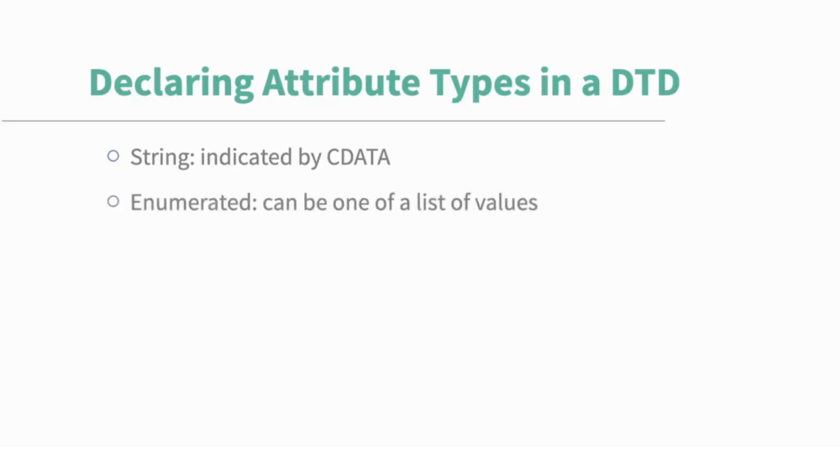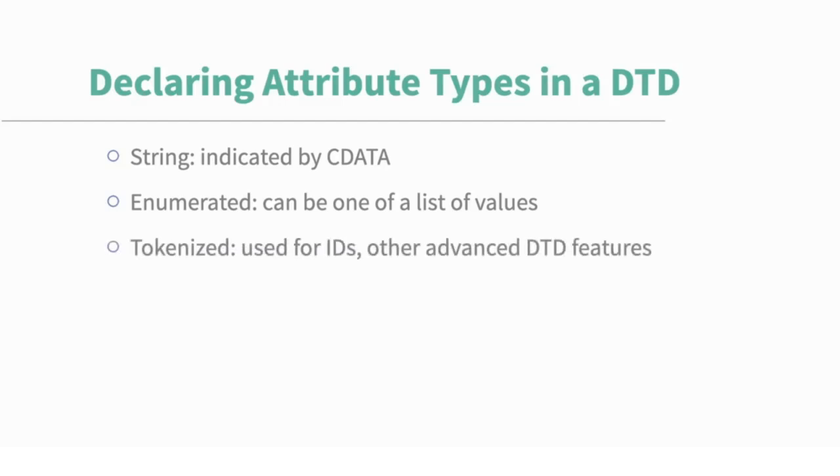The attribute type can be one of three types. There's the string type, which is indicated by the CDATA keyword, which is all capitals. This means that the attribute can be any literal string, and you can just type in the value for the attribute. The enumerated type means that the attribute can come from one of several potential values, but any other value would result in an error.